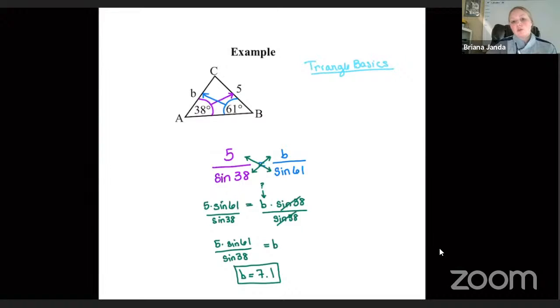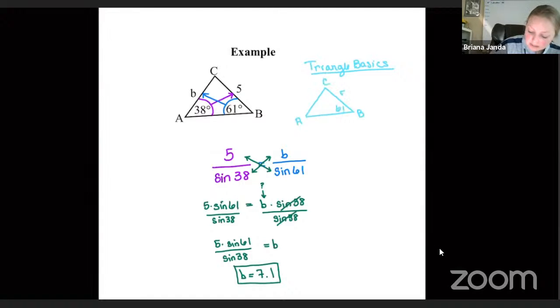First of all, I told you that one of the keys to doing these problems is that you have to have a side across from the angle where you know both the side and the angle. If I don't have that, it kind of depends on what I'm missing.